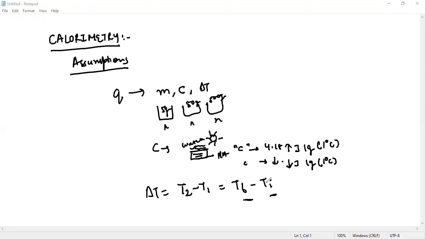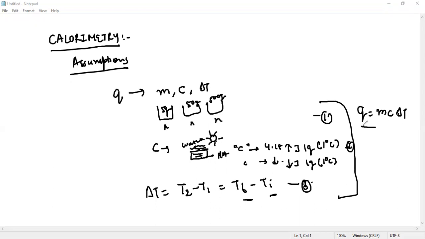The pace at which your substance is getting cool or getting warm directly affects the thermal energy Q value. So combining these three factors, mass, c, and delta T, we derive the formula Q equals mc delta T. In our calculations we are going to use this formula very frequently.